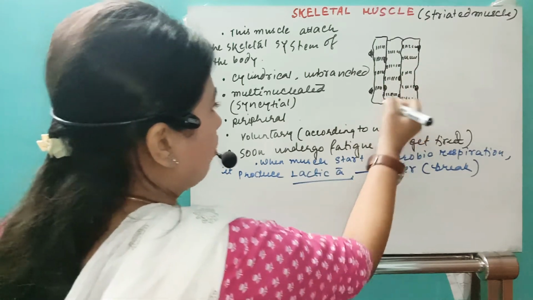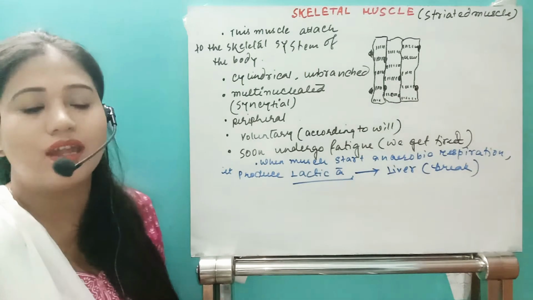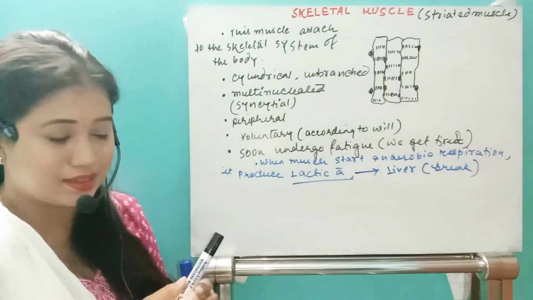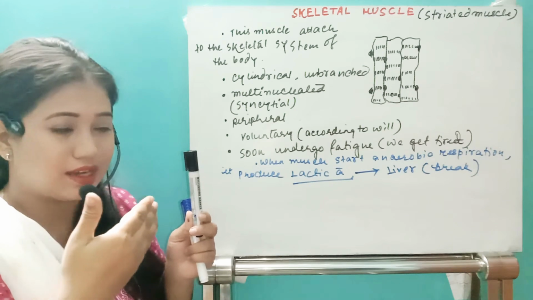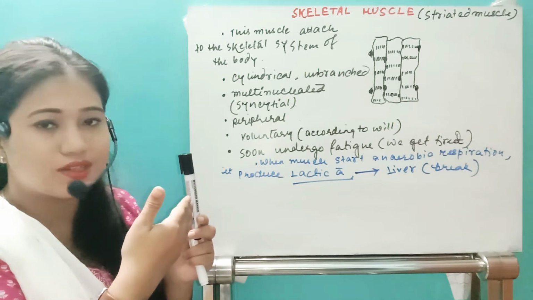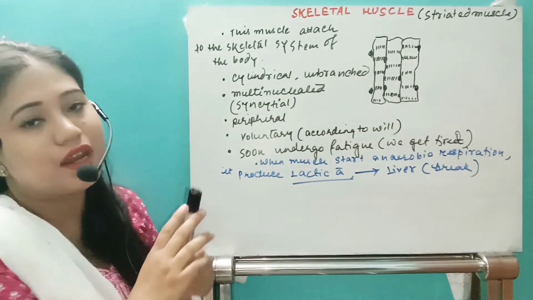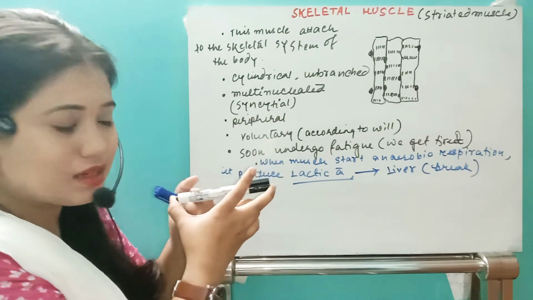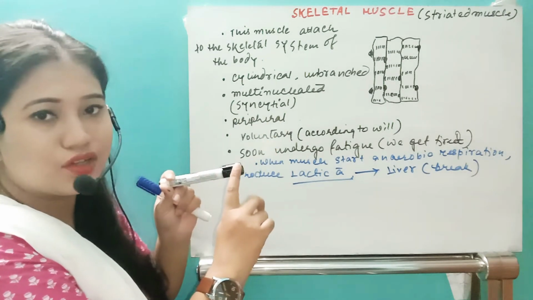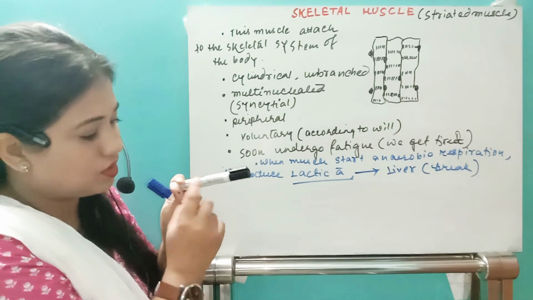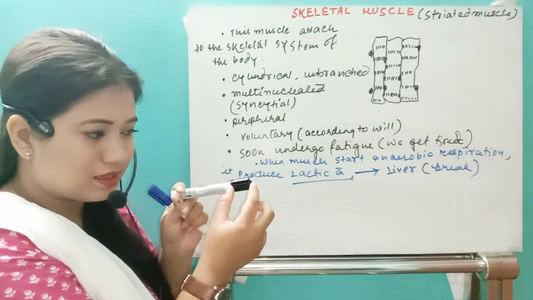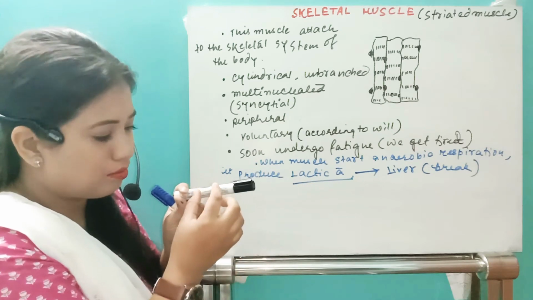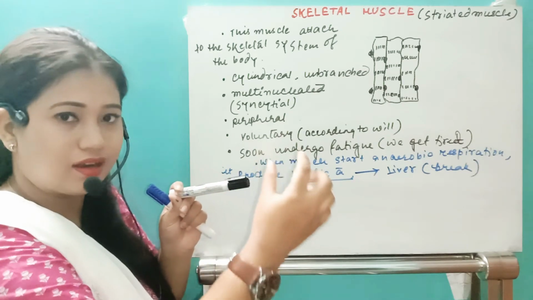Now, what is happening when there is plane polarized light? Whenever plane polarized light passes through the skeletal muscle, this skeletal muscle will start to show striations: dark, light, dark, light, dark, light.